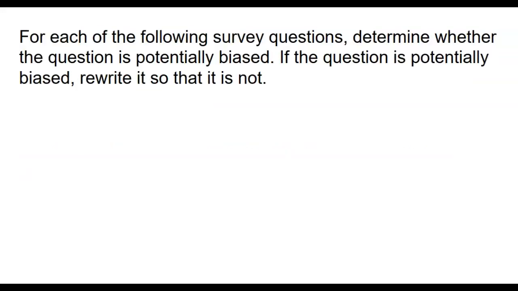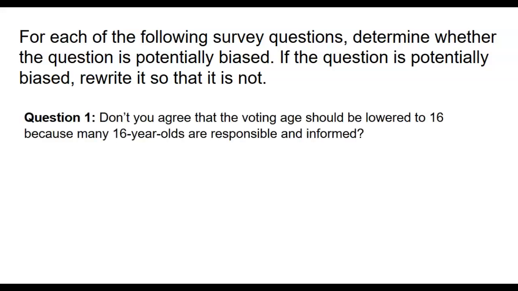For each of the following survey questions, determine whether the question is potentially biased. If the question is potentially biased, rewrite it so that it is not. Question 1. Don't you agree that the voting age should be lowered to 16 because many 16-year-olds are responsible and informed?